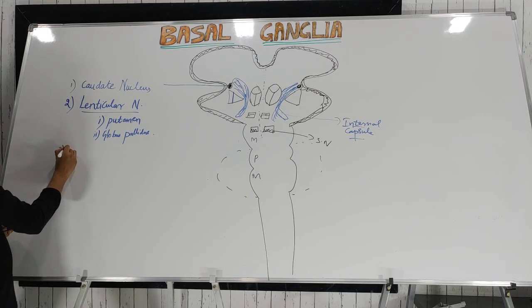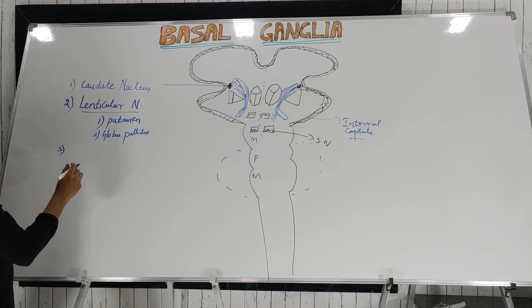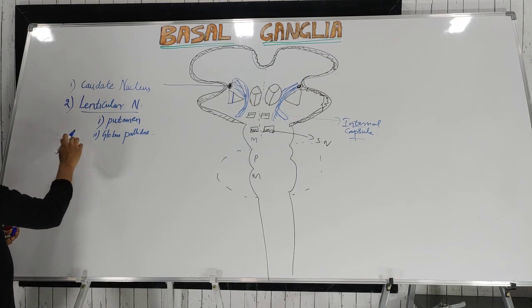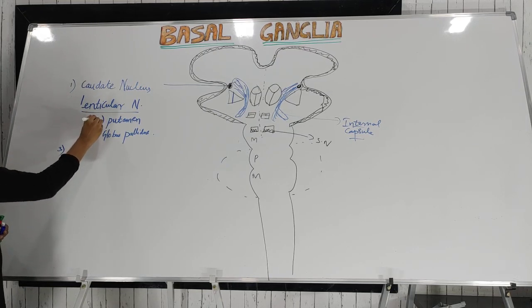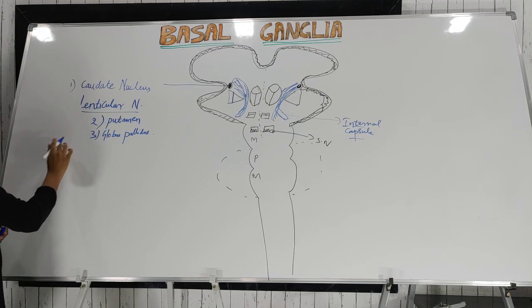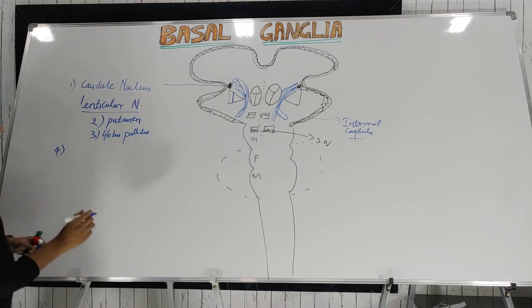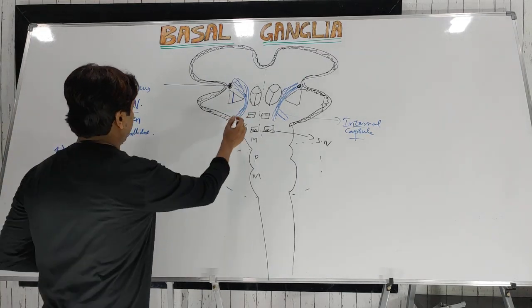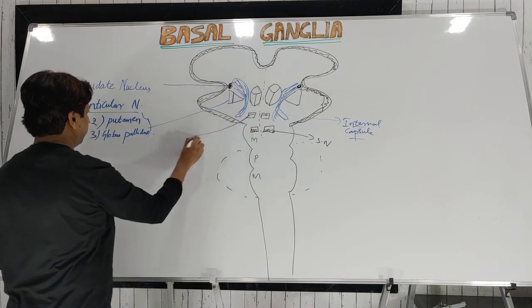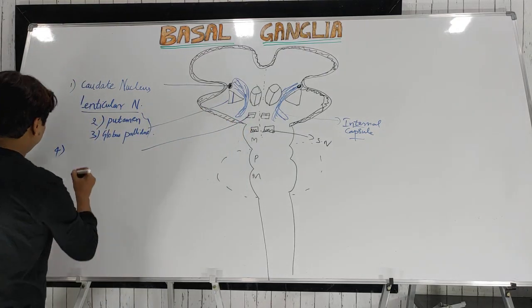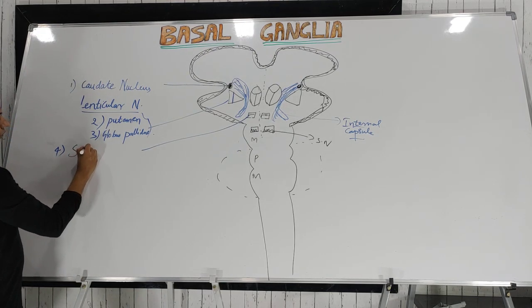Then the third nuclei we have studied, so we'll write putamen as second and globus pallidus as third, and the fourth one is the subthalamic nuclei.